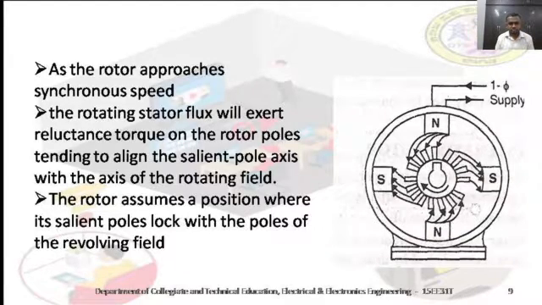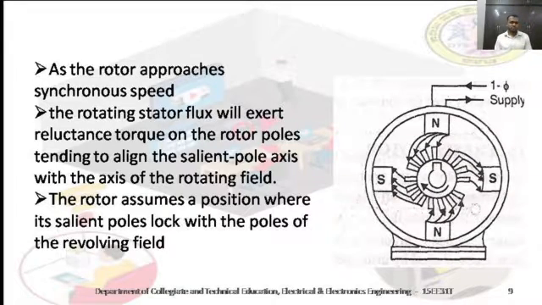The salient pole axis with the rotating pole, it is always trying to align itself. That's the major part. The rotor assumes a position where its salient poles lock with the poles of the revolving field.